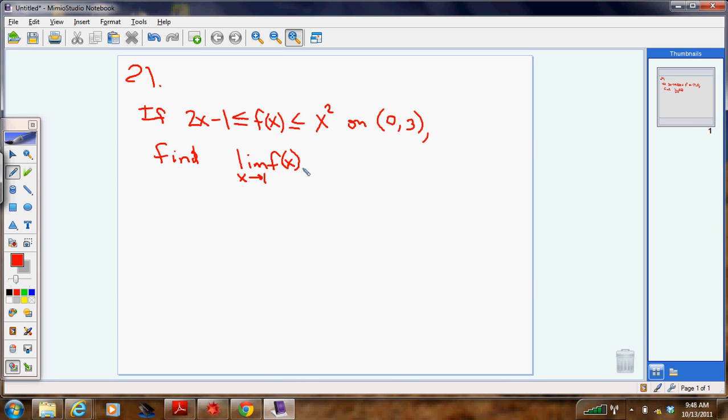So this is all we have. We just have that initial condition here that relates the quantity f of x to the quantity x squared and 2x minus 1.